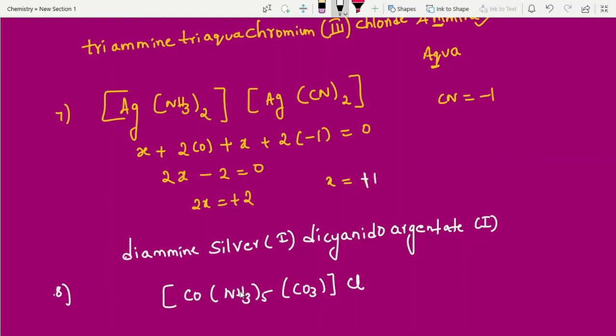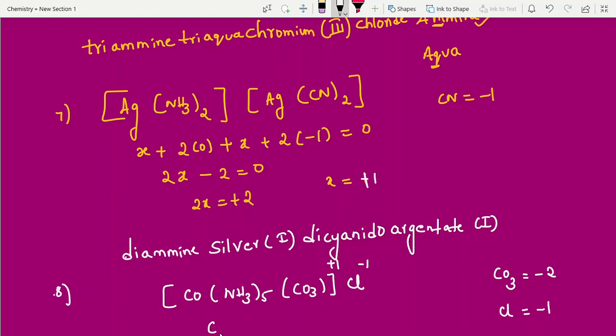Here NH3 is a neutral ligand. Carbonate, what is the charge, students? Carbonate is -2 charge and chlorine is -1 charge. You can calculate like this. This is -1, this is +1.